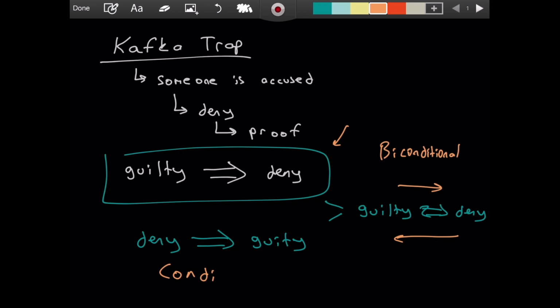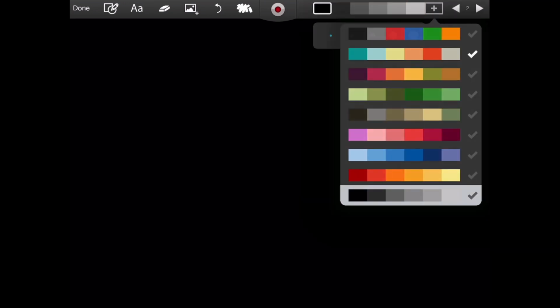The other is not necessarily correct. It doesn't need to be wrong, but it is not necessarily correct. Conditional. Alright? Biconditional, conditional.